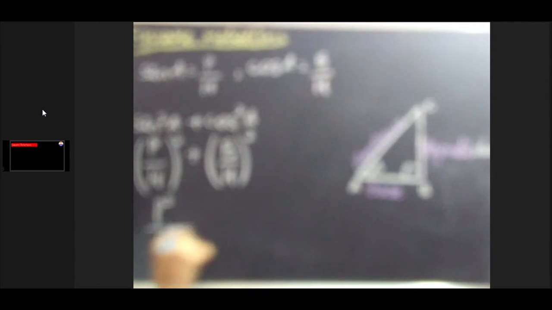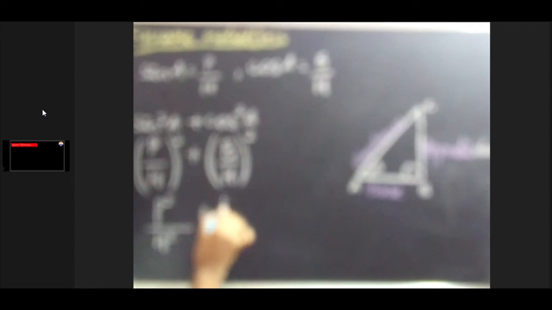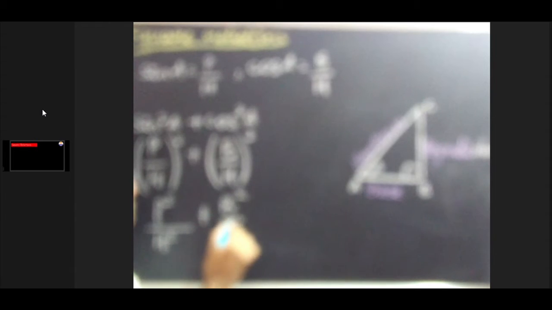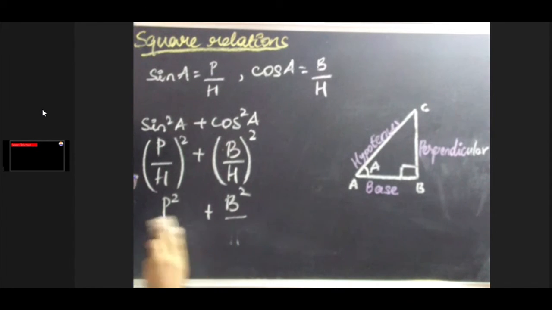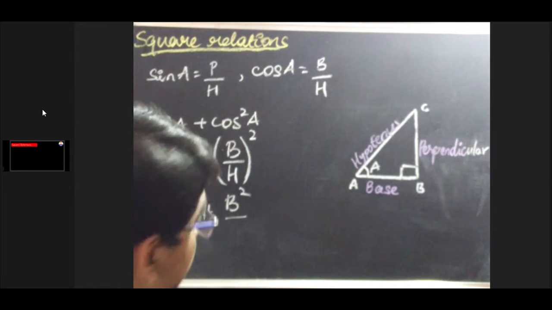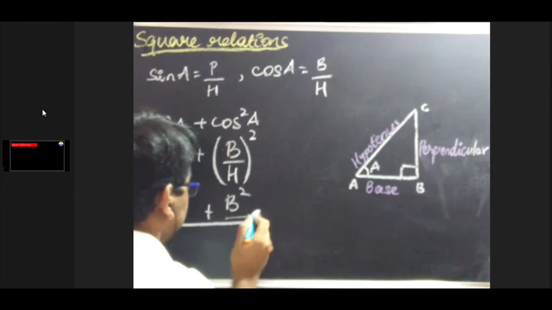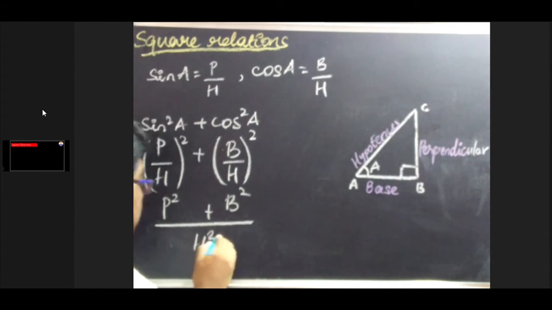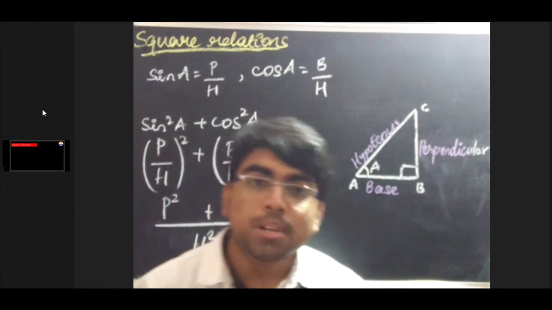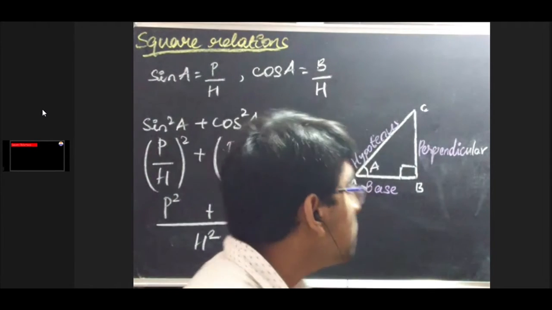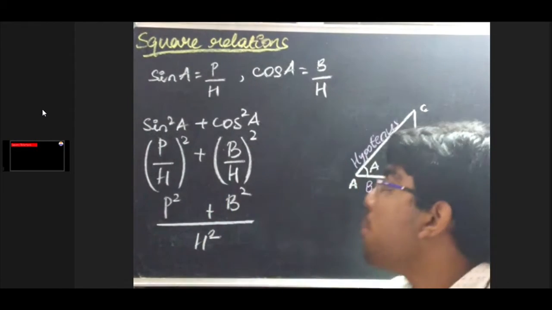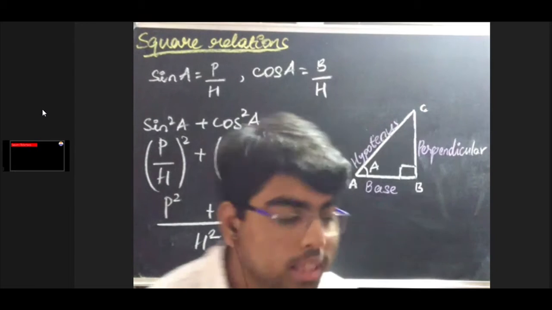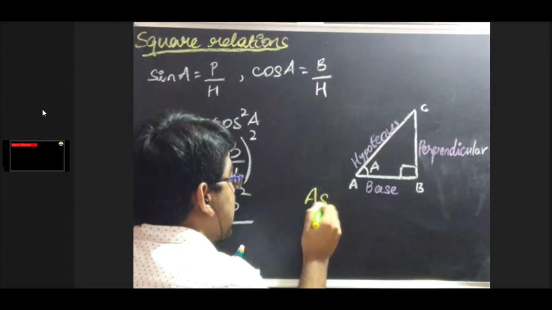Perpendicular square by hypotenuse square plus base square by hypotenuse square. Hypotenuse square can be taken as the common LCM over here. I'll take hypotenuse square as the common LCM. As per the Pythagoras theorem, perpendicular square plus base square is nothing but hypotenuse square itself.